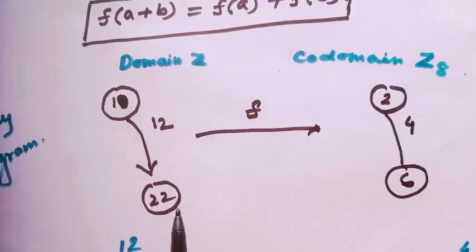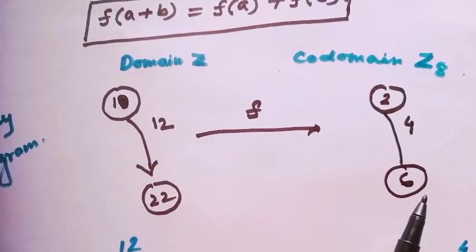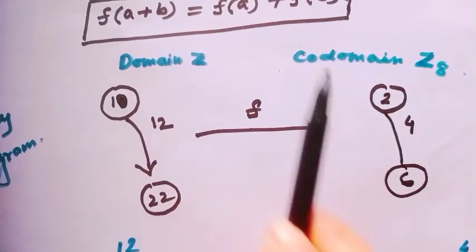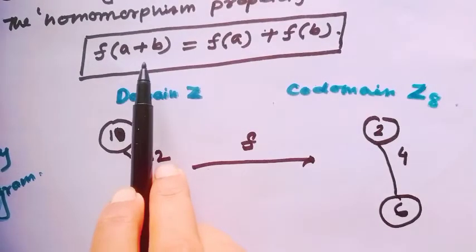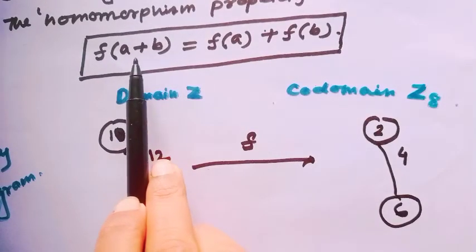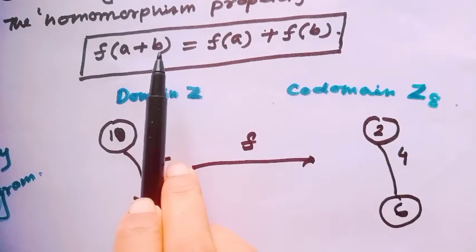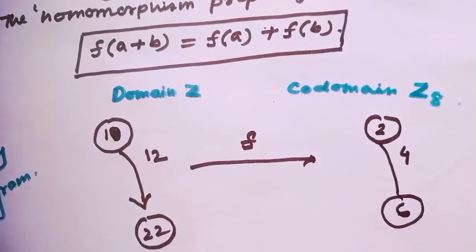In modulo 8, the value of 22 equals 6. This is the left hand side, f of a plus b, that means f of 22. Okay?